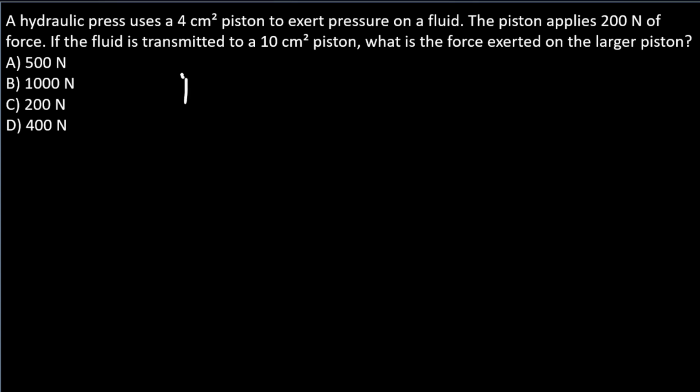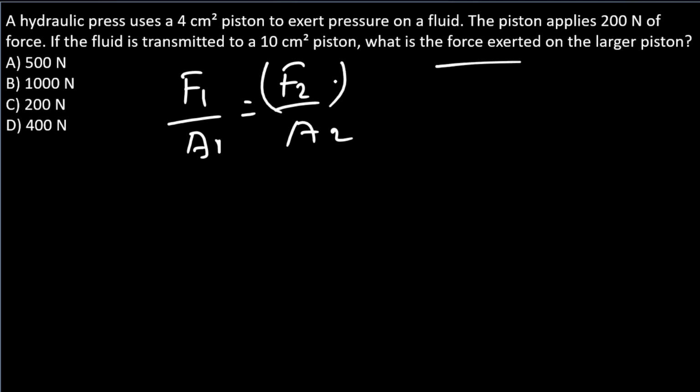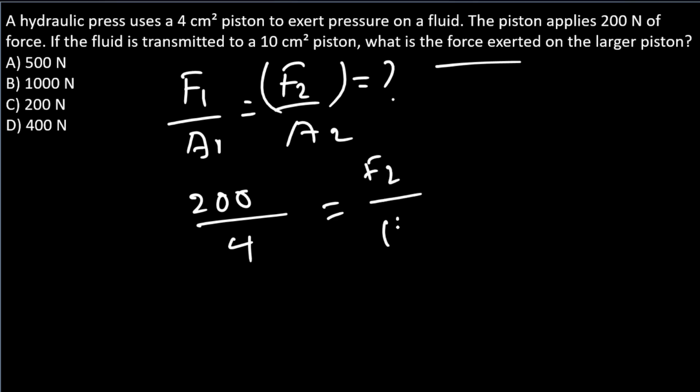So here F1 over A1 equals F2 over A2. So here we need to find out F2. F1 equals 200 Newton, A1 is 4 centimeter square, and A2 is 10 centimeter square.